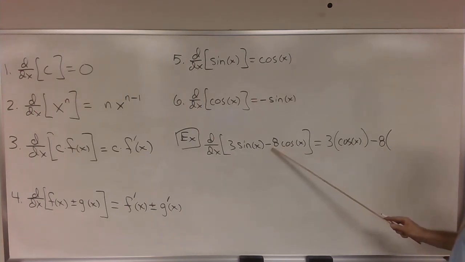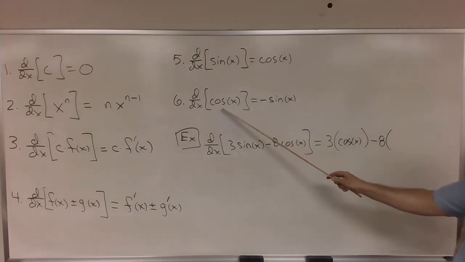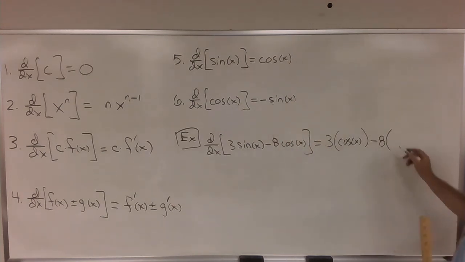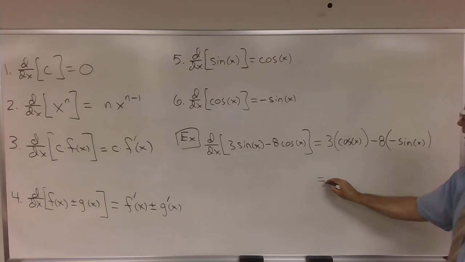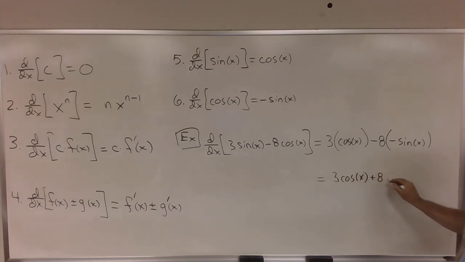So I wrote the constant down, -8, and then I write down the derivative of cosine of x, which is negative sine of x. So what I get is 3 cosine of x plus 8 sine of x. That's my derivative.